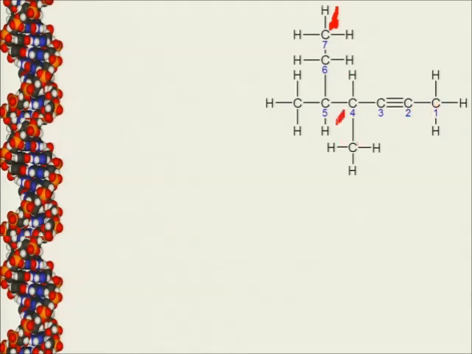And then we identify here you've got a substituent at carbon number 4. There is another substituent at carbon number 5. And the two substituents are identical. They both contain the same number of carbons. That's why we say they're identical.